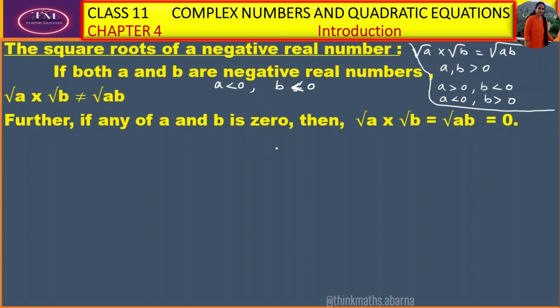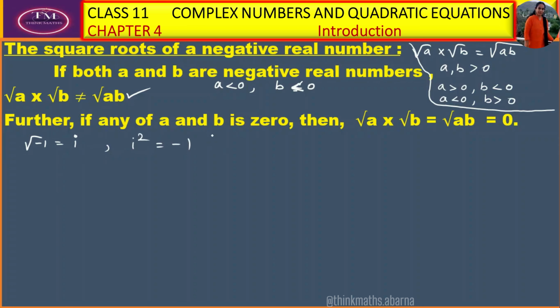If A and B are 0, then root A into root B will be root AB, which is equal to 0. Now let us check why we are not getting this equality. We all know that root of minus 1 is nothing but i. Also, i square equals minus 1.